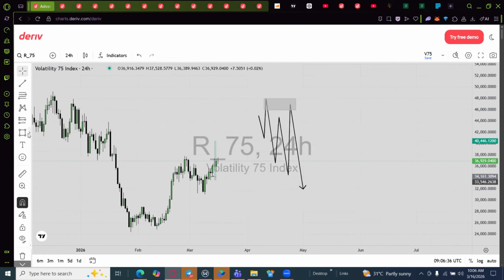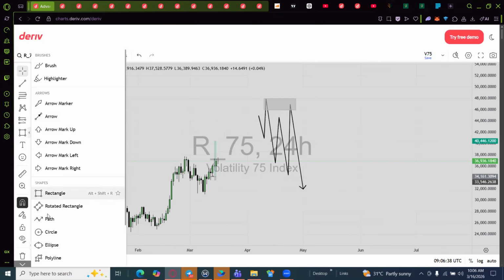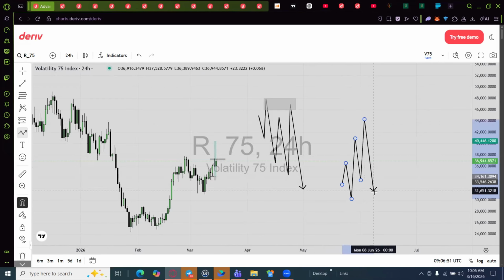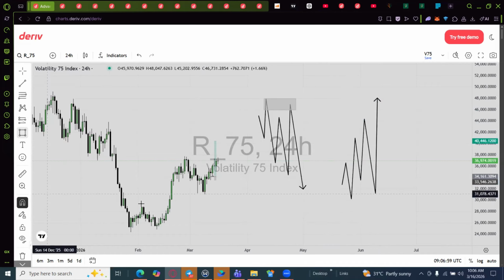Then for buys, you're looking for something like this. This is basically just the opposite of this. So you're looking out for this, and this is supposed to be your order block that did not get retested.